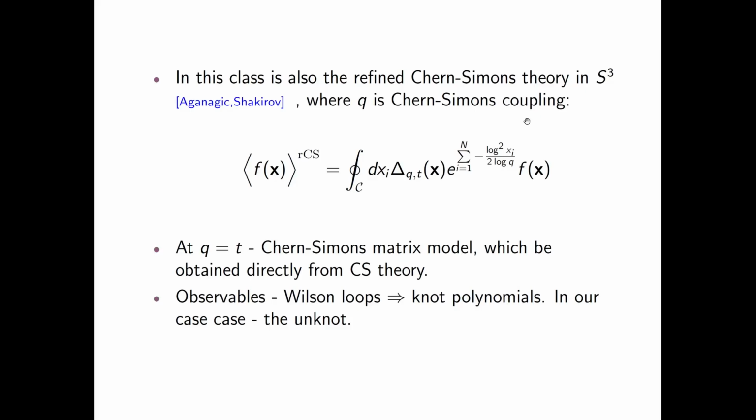Certain functions f of x will correspond to inserting an unknot, so a Wilson loop, which is just a circle, in this Chern-Simons theory. When we turn on the T parameter, it will correspond to some knot invariants which come from this refined Chern-Simons theory, some refined knot invariants, which have also been studied in knot theory separately.